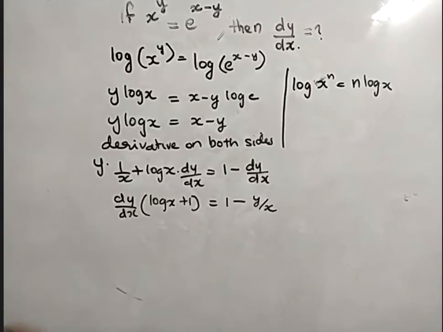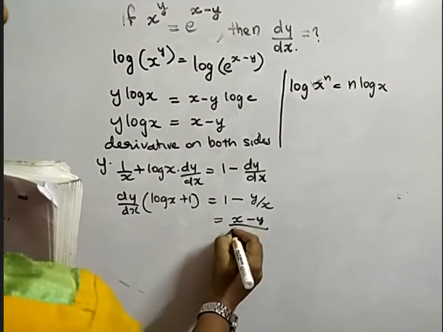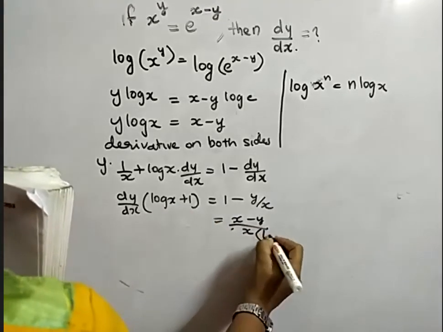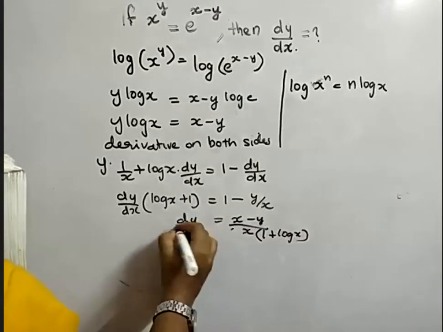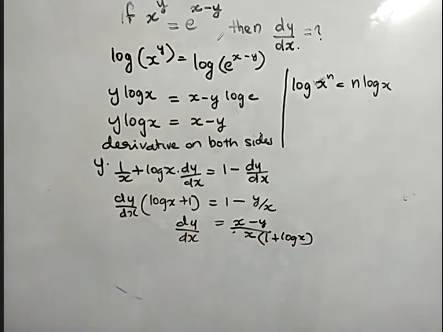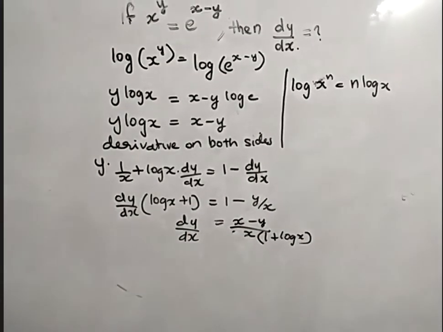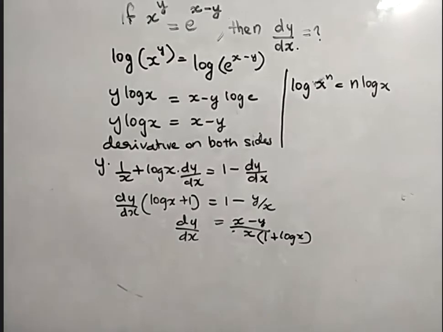Now x minus y by x will come here. Take 1 plus log x to this side. So dy by dx is equal to x minus y by x into 1 plus log x.